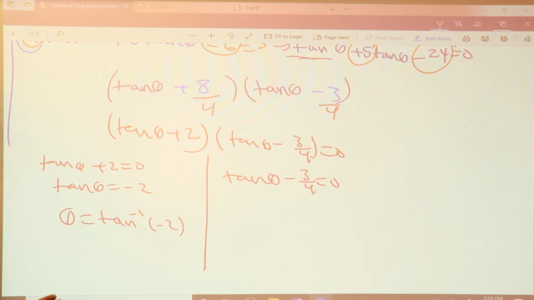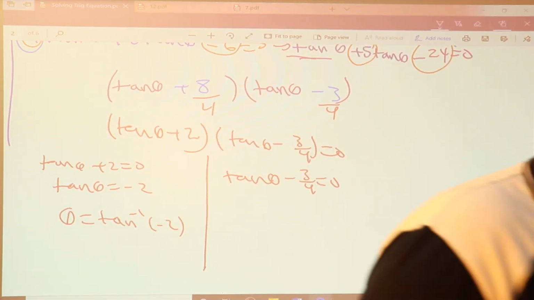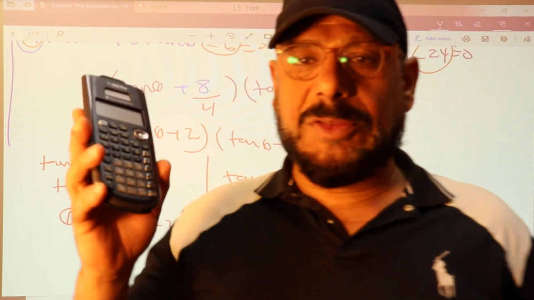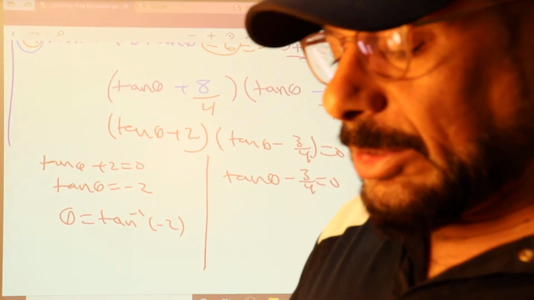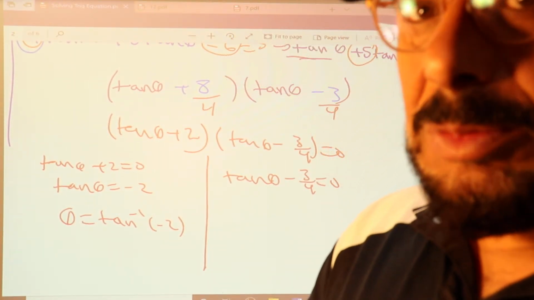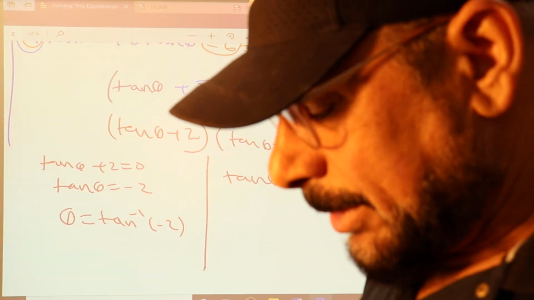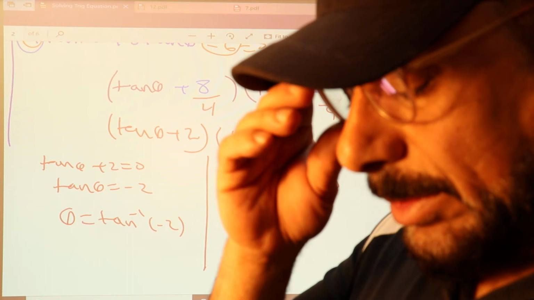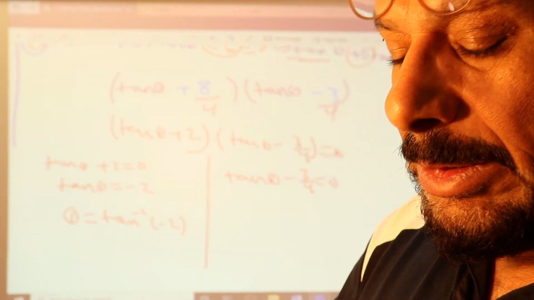Here I need a calculator. For this problem, I'm going to go to my calculator, whatever calculator you have. I like this calculator. I'm not advertising. Tan inverse, you see that in the calculator?